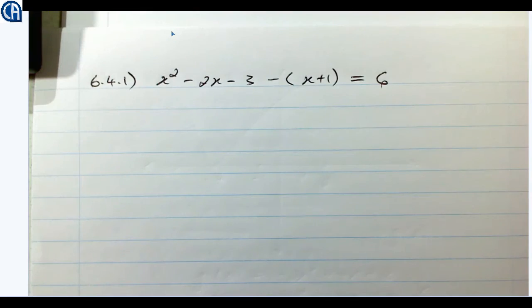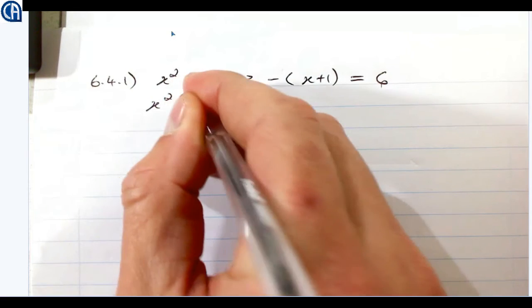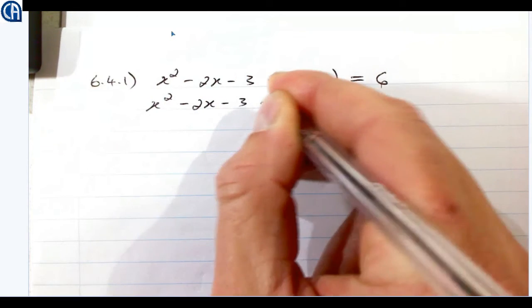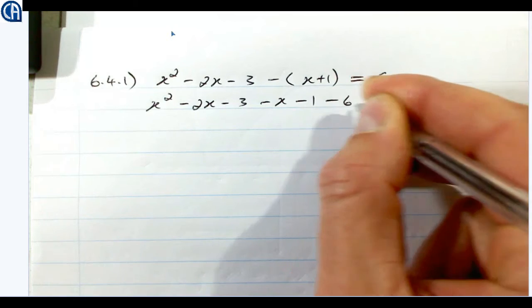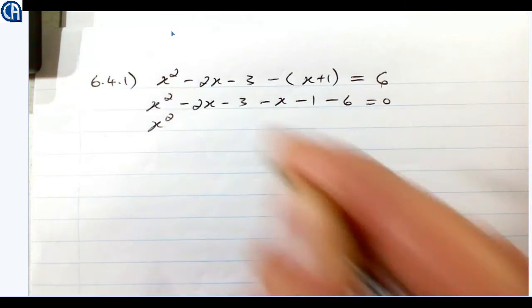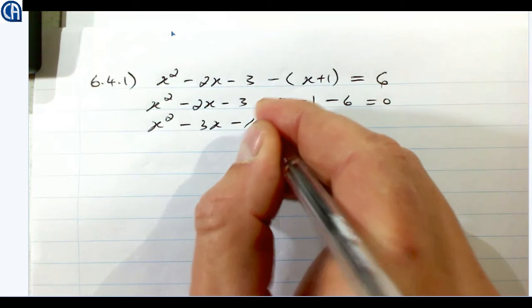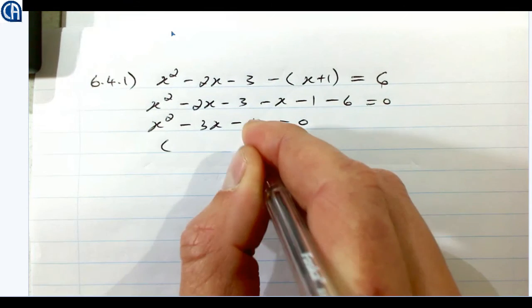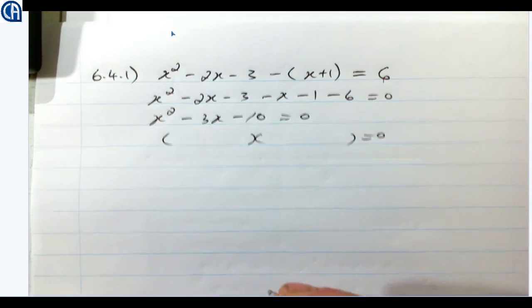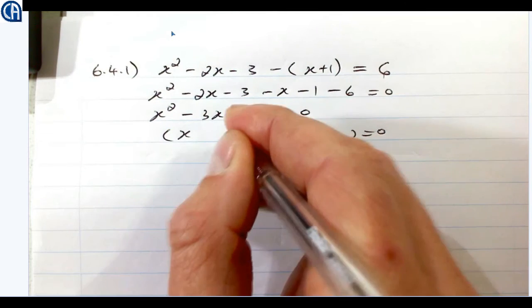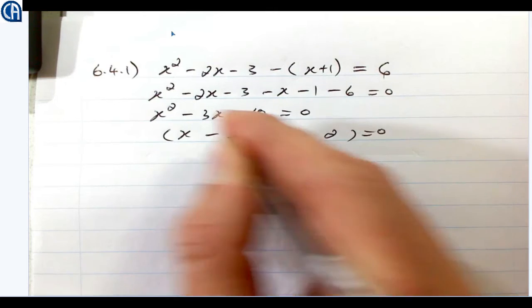Alright, so distribute in: x squared minus 2x minus 3 minus (x minus 1) minus 6 equals 0. So that's x squared minus 3x minus 10. Right, let's factorize that. The factors that I would use there are 5 and 2.